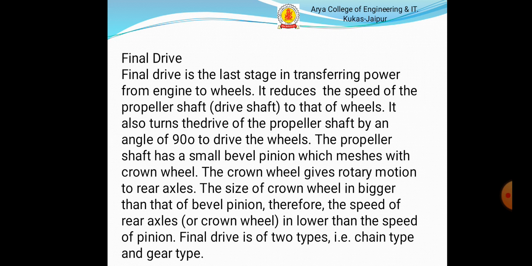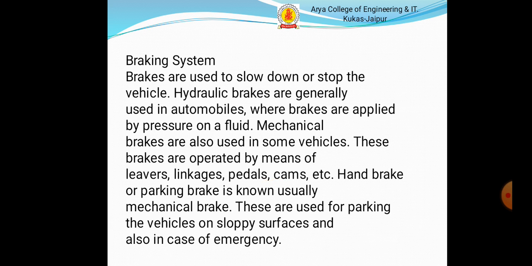The propeller shaft has a small bevel pinion which meshes with the crown wheel. The crown wheel gives rotary motion to the rear axle. The size of the crown wheel is bigger than that of the bevel pinion, therefore the speed of the rear axle is lower than the speed of the pinion. Final drives are of two types, chain type and gear type.